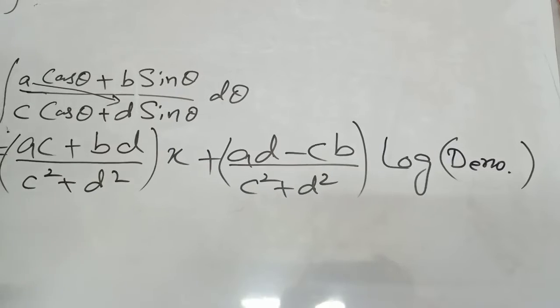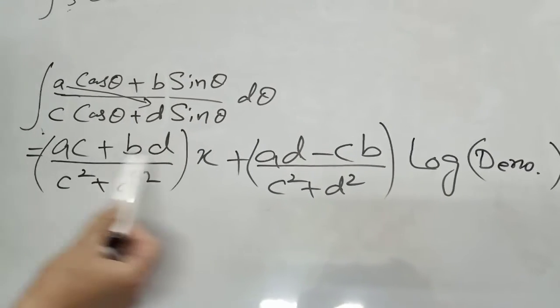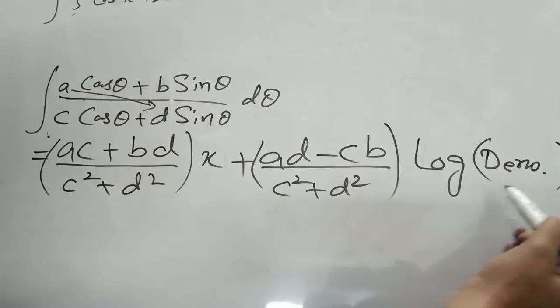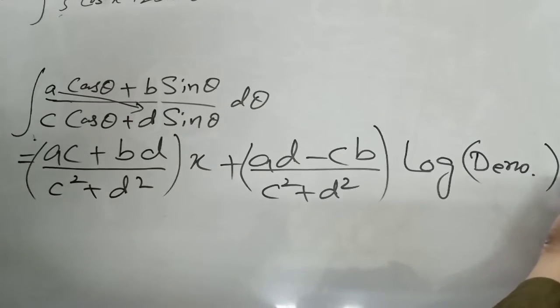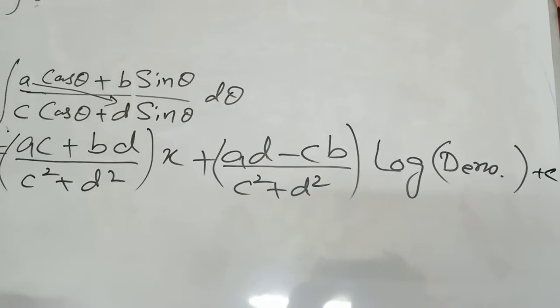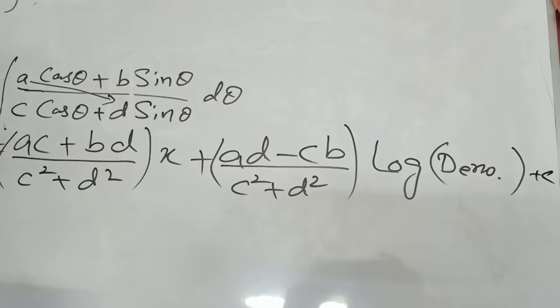This formula is very useful. You just put the values of a, b, c, d and take the log of the denominator with the constant of integration c. Your question will be solved.